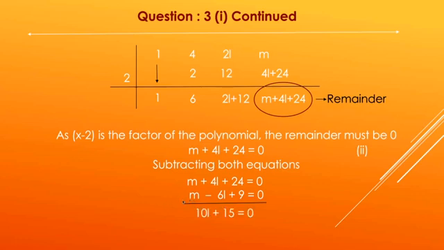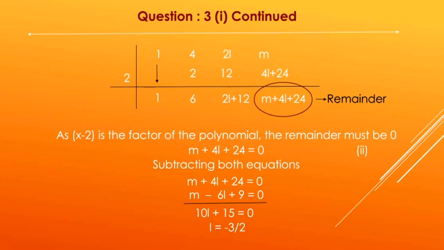This will be plus 6l, so 4 plus 6 is 10l, and this will be minus 9 after changing the sign. 24 minus 9 is 15, so 10l plus 15 is equal to 0. 10l is equal to minus 15. 15 will be on the right hand side, it will be minus 15. 10 will be divided with 15. So after reducing to lowest terms, we will get the value of L is equal to minus 3 by 2.